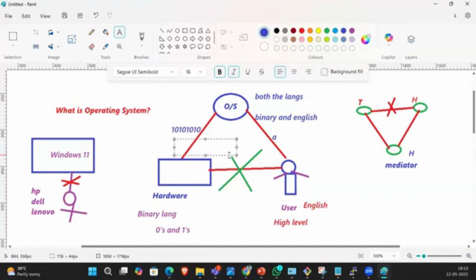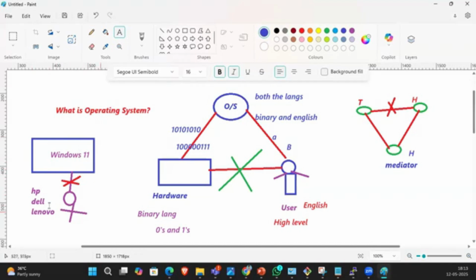In the same way, whatever the computer gives, the OS conveys to the user. Guys, understood? The user knows only high level language, the English language, and the computer knows only binary language.